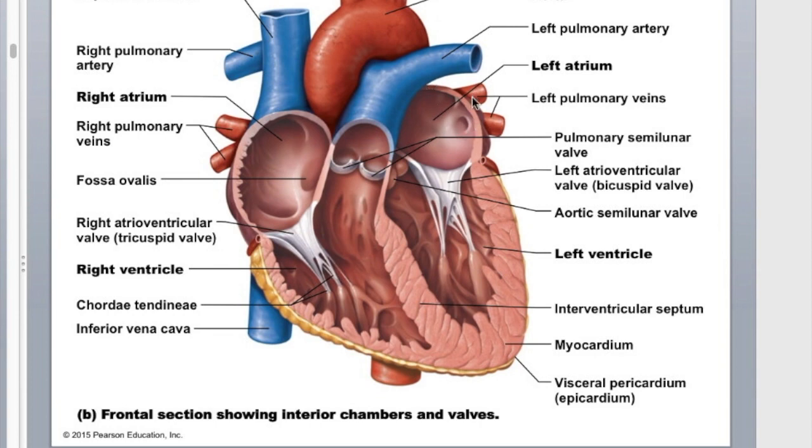Okay, but there's a difference here. Here you've got the difference between the oxygenated blood and the deoxygenated blood. So when you've got the pulmonary veins coming back into the heart, they actually are labeled as red here because they're oxygenated blood coming back in from the lungs. Whereas if you look at the pulmonary artery, it's blue because it's deoxygenated.